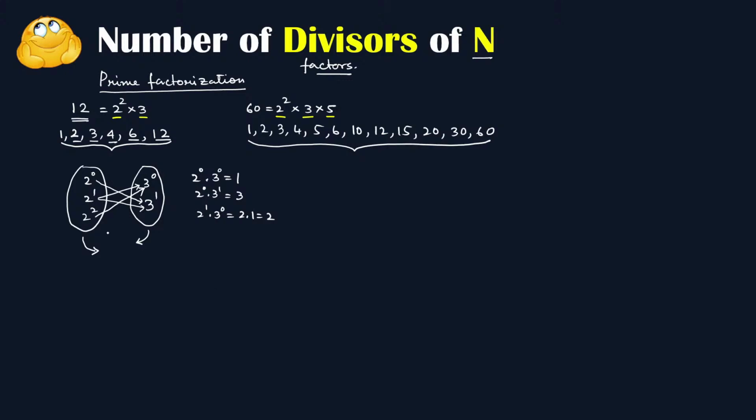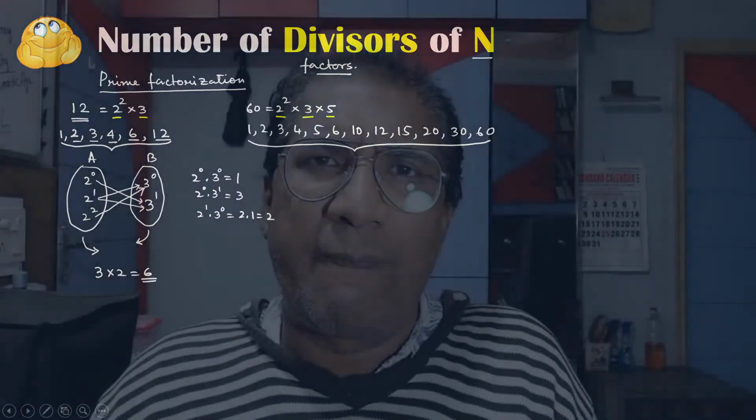We simply find out how many elements are there in, let me give a name, A and B. How many elements are there in set A and how many in set B? In set A we are having 3 elements and in set B we are having 2 elements. Therefore, there will be 6 factors or divisors, and which is true.